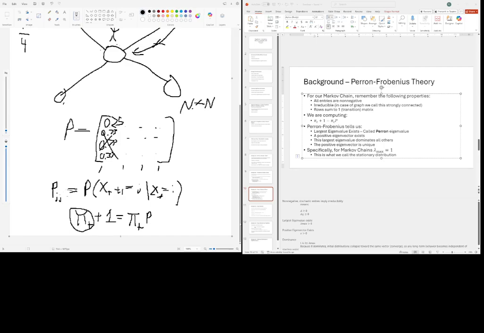Specifically for Markov chains, the largest eigenvalue can be 1.